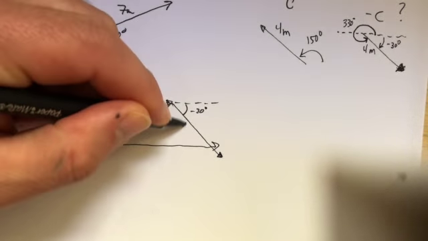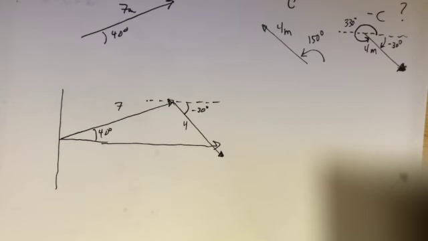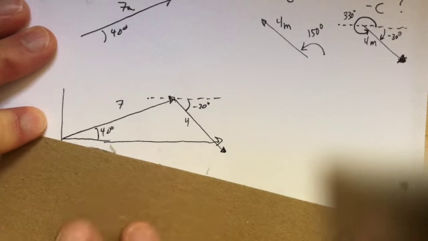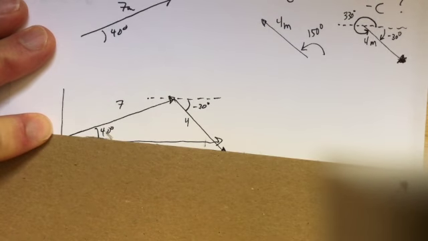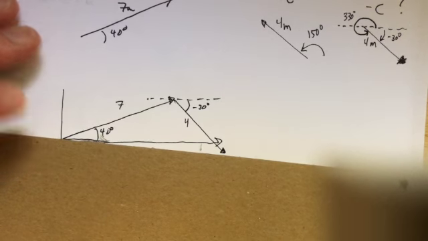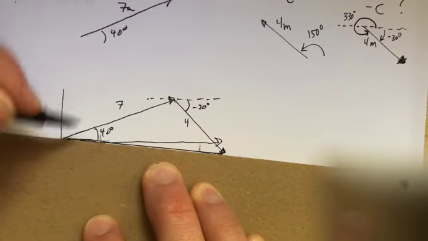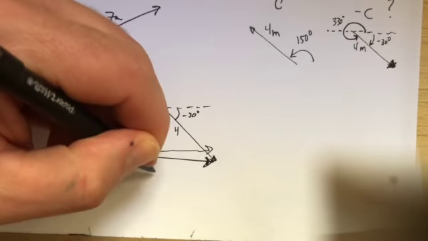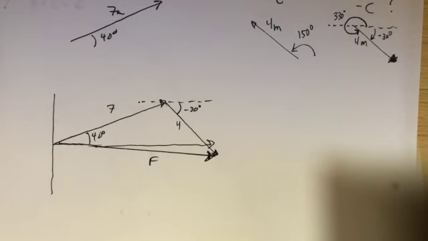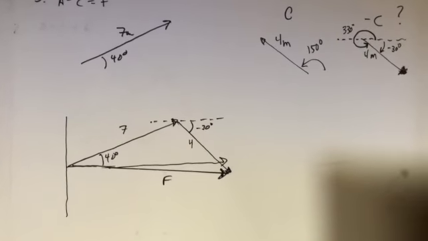Okay, and this is, again, 4. So what's the resultant vector F? Again, that goes from my start to my finish. So this is vector F. All right, so let's once again reiterate what we already know from the previous problem.